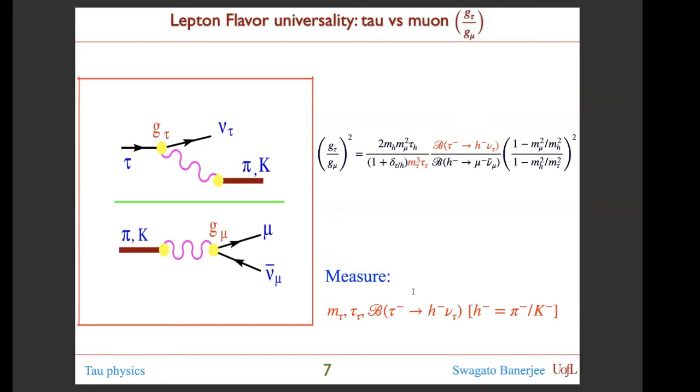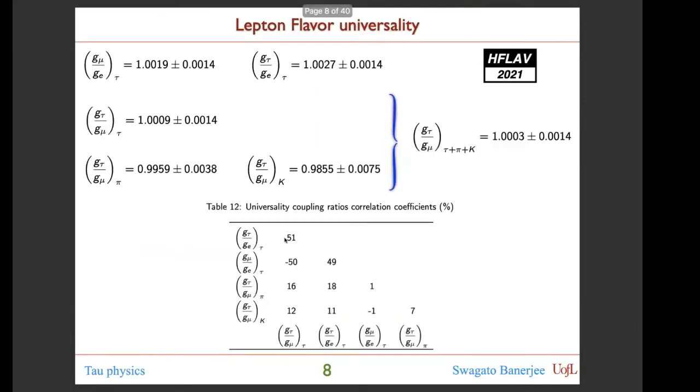We typically don't use the electron decay of the pion or the kaon in this way, because those are helicity suppressed and therefore have larger errors. Because we like to make a precision measurement, that's why we use this G tau over G mu to extract the ratio from the leptonic as well as the hadronic decays of the tau.